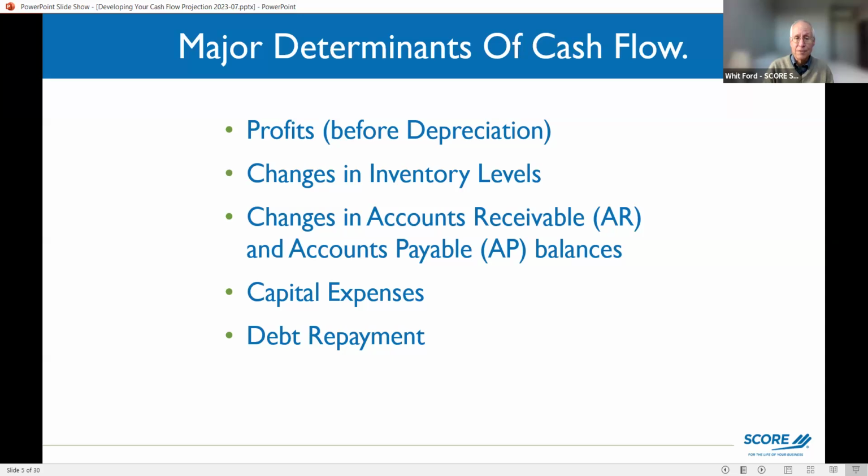Any capital expenses you make will reduce your cash. So if you buy a new truck and you did not finance the purchase, then obviously you had to spend your cash to buy the truck. But because the truck is a long-lived asset, which will be depreciated a little bit each year over its expected life, you don't expense the truck when you purchase it.